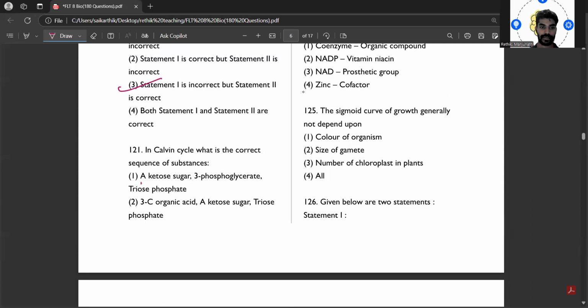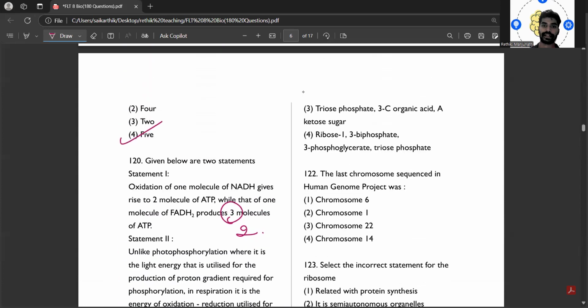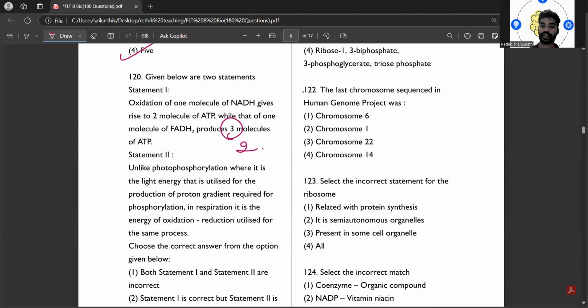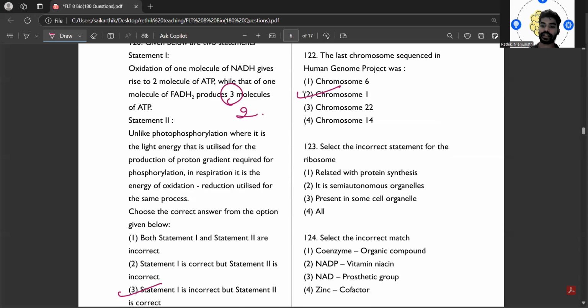Yes, here we have it. Next is 122. Without delaying, we will move. The last chromosome sequenced in the Human Genome Project was chromosome 1.